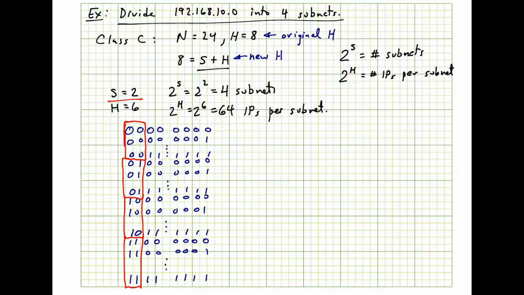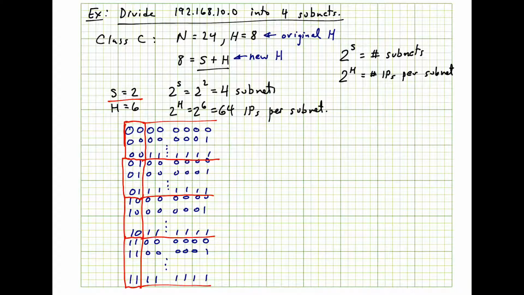And in every case, the remaining bits count from all zeros, 6 zeros up to 6 ones. With the 0, 1, they start at 6 zeros and go up to 6 ones. With the 1, 0, starts at 6 zeros, goes up to 6 ones, and so forth. And so this is exactly how we've divided this thing up into 4 subnets.